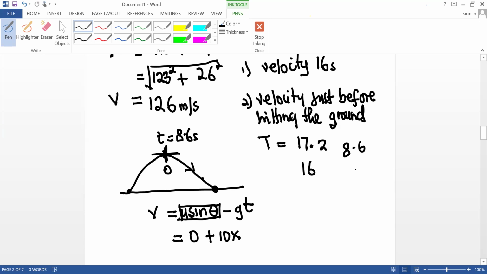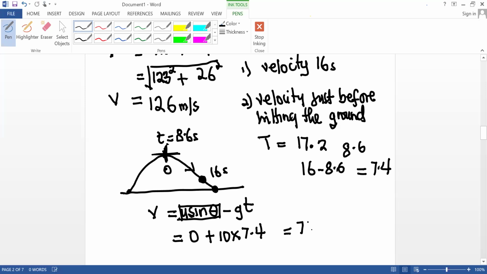The remaining time, you must subtract 8.6 from 16, because supposing this is the position at 16 seconds, meaning from the maximum height till when it is here, the time difference will be 16 minus 8.6. What is 16 minus 8.6? 7.4. Good.